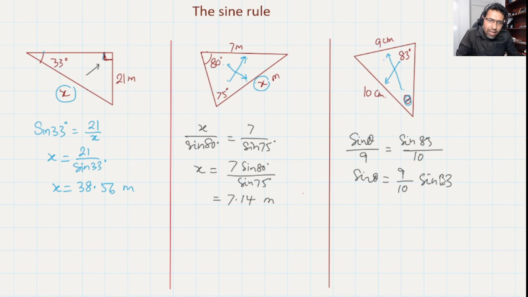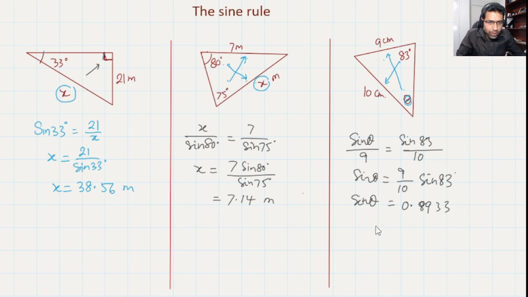If you do the calculation, 9 sine of 83 divided by 10, it will give us sine theta, which is 0.8933. All right. So make sure it is sine theta, not theta.